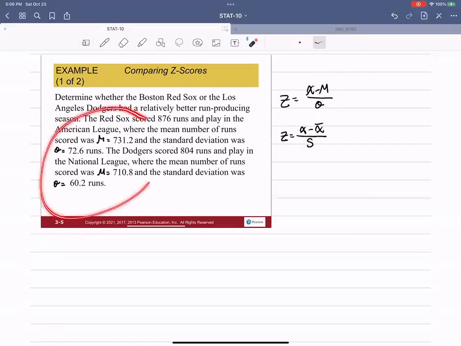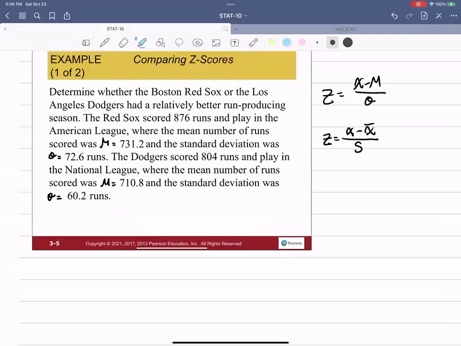So here what we're looking at are these scores, and let's highlight the useful data. Let's do a Dodger blue. Well, not really Dodger blue.